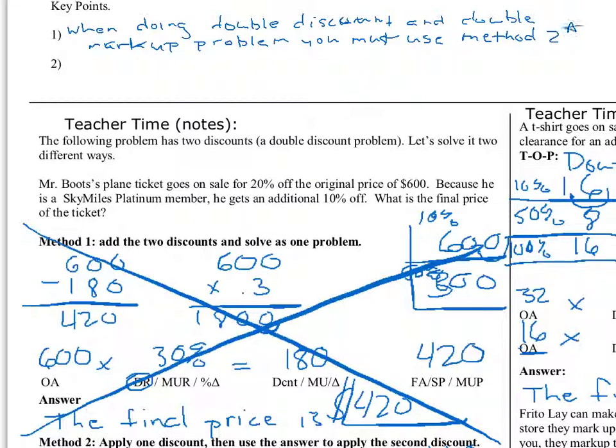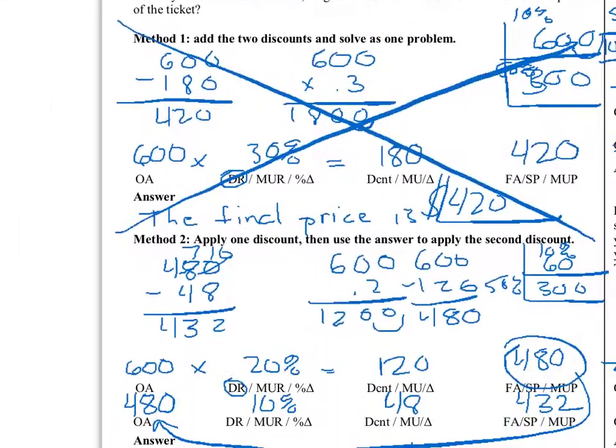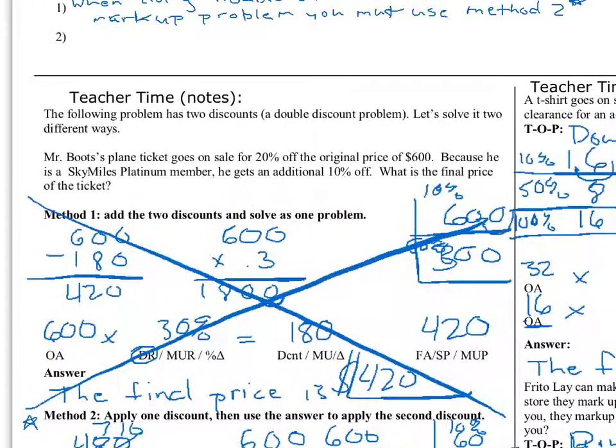And I'm going to put a star next to this so I can remind myself when I come down here and so, okay, when I read that, I also need to read what method 2 is. Method 2, apply one discount, then use the answer to apply the second discount, or markup as the case may be.